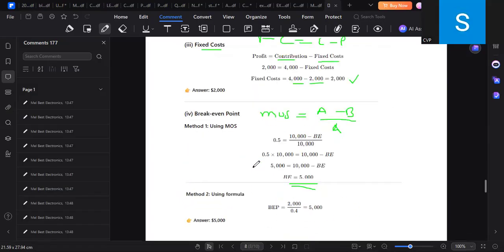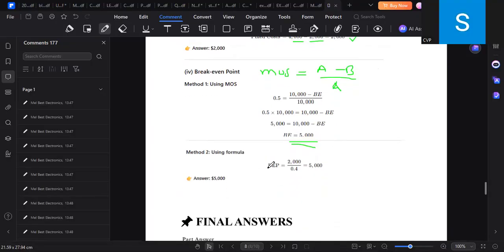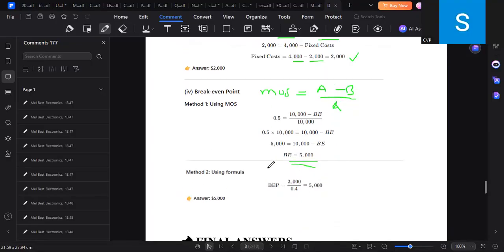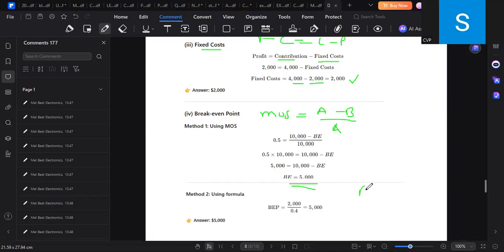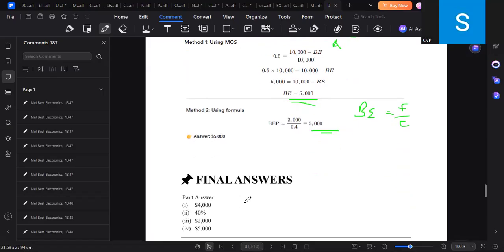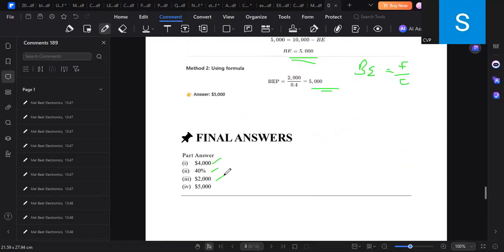So break-even is fixed cost over contribution ratio. We calculated our fixed costs as 2,000, and our contribution ratio is 0.4. When you divide 2,000 by 0.4, we still get the same answer of 5,000. So this is how we calculate that.